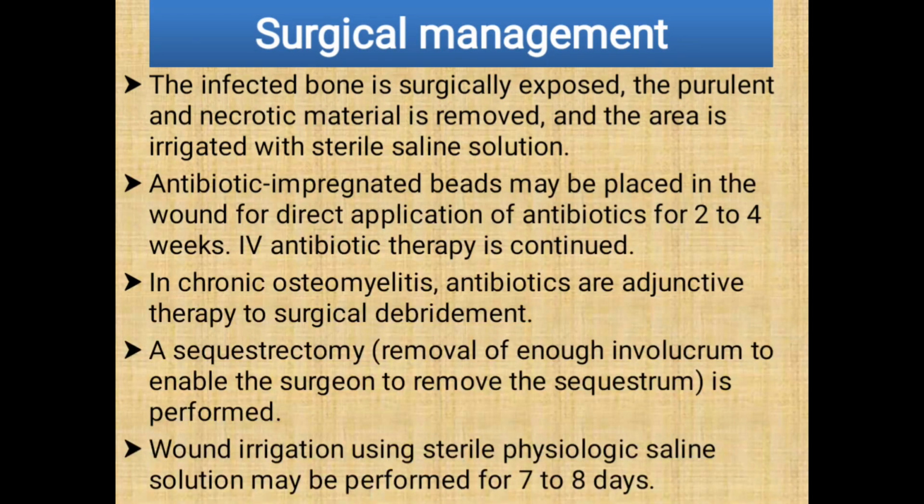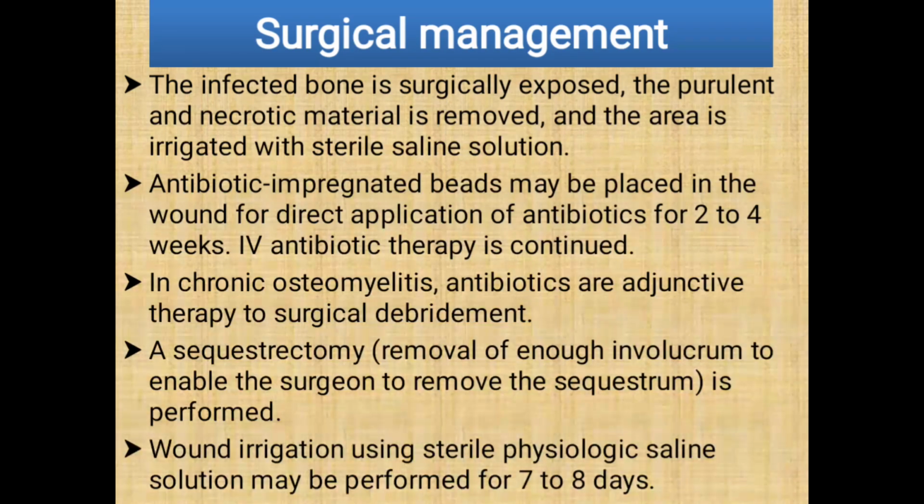Surgical management. Basically, the affected bone is surgically exposed. The pus is removed and the area is washed with sterile normal saline solution. Antibiotics are also given. Then there is debridement if it is chronic osteomyelitis, and if debridement is necessary, debridement is removal of the dead tissue.